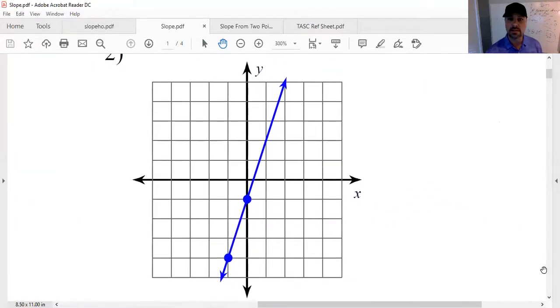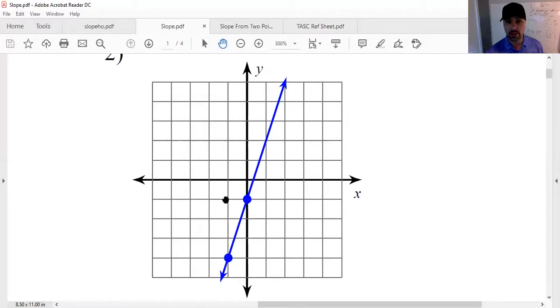We already said this line was rising. It's rising pretty quickly. It's steep. So it's rising, that means it's positive. Start on the left and go to the right. If I start at this point and go to that, I need to rise 1, 2, 3, run just 1.